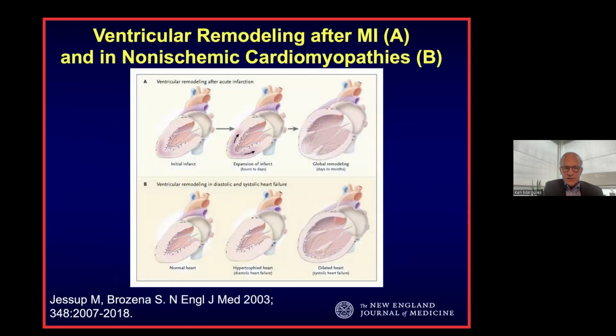So this is a picture from a classic slide published by my former colleagues, Mariell Jessup and Susan Brozena, published in the New England Journal more than 2 decades ago, but it's still relevant.